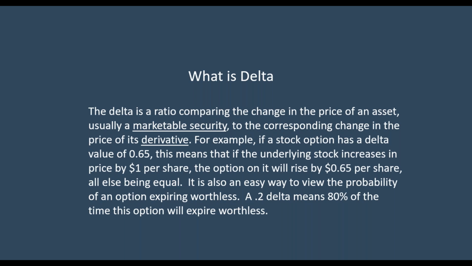This is something that I learned early on. It's also an easy way to view the probability of an option expiring worthless. In other words, a 0.2 delta means 80% of the time this option will expire worthless.